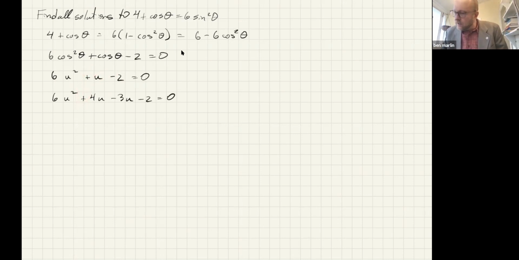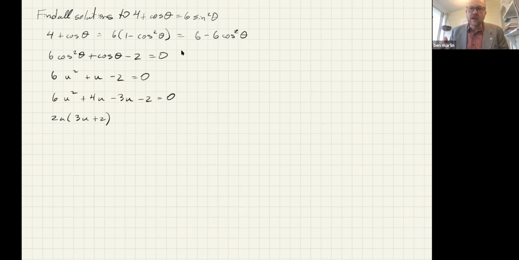Now, with that, you take these as pairs and see what you can factor out of them. I can take a 2u out of both in the first pair, and I'll be left with a 3u plus 2. In the second pair, I should also get the 3u plus 2, so it helps me factor the minus 1 out.